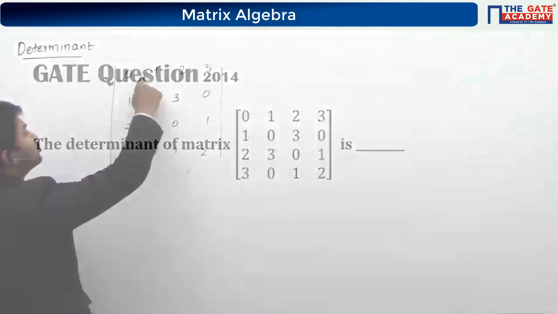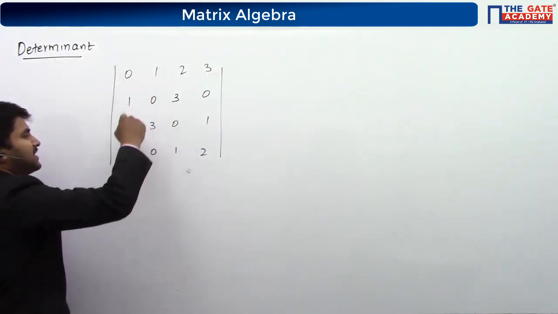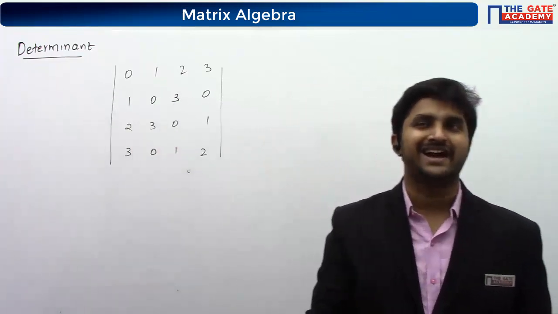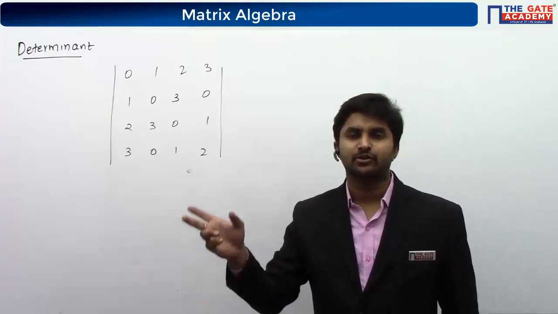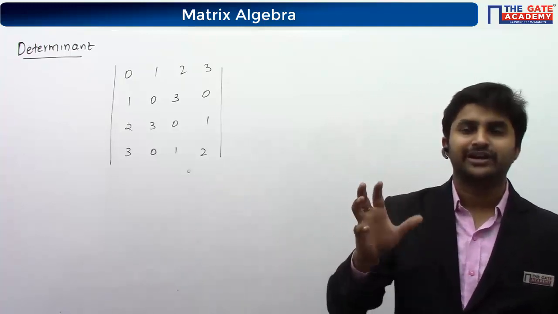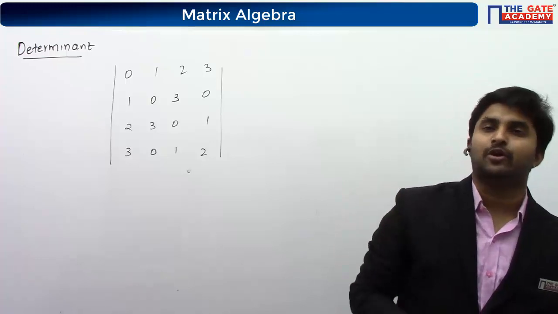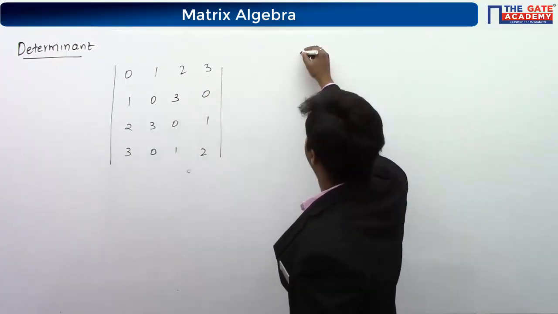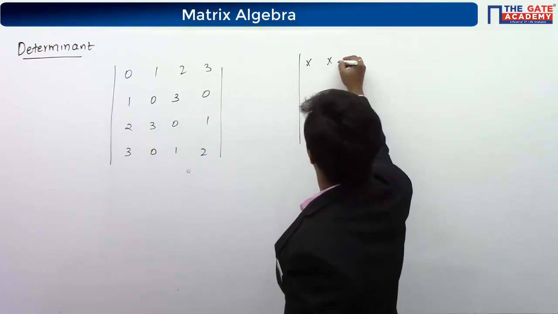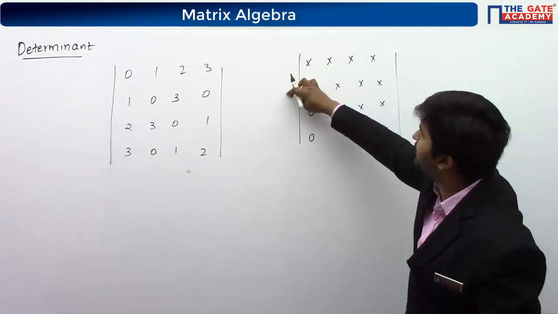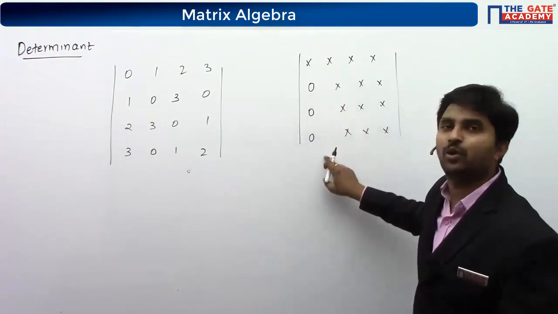So the first thing that I am going to do is that, see, the idea behind solving such problems which are of higher order is that we have to convert it into row echelon form. We have to convert it at least near to that of the row echelon form. For example, such a matrix, if I am able to convert it into like this, it means making all the rows' first element 0.